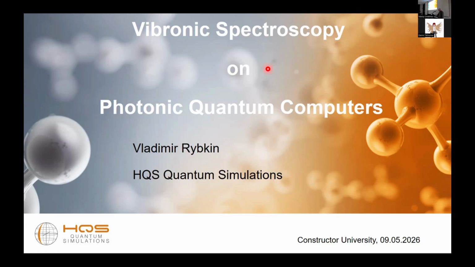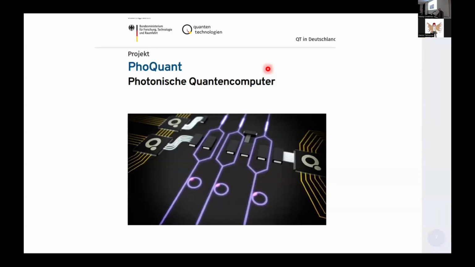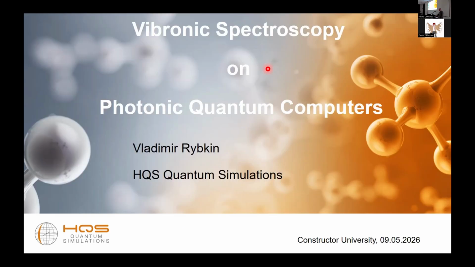Let us delve into the topic. Before I go on, I'll start by introducing the company I work for. It's HQS Quantum Simulations. H was supposed to be Heisenberg, but the Heisenberg family didn't like it, therefore it's just H. And QS is Quantum Simulations.